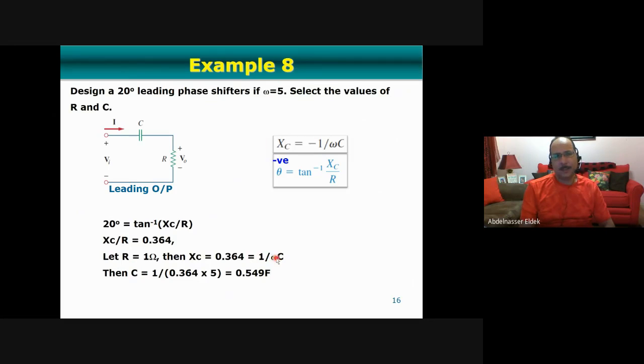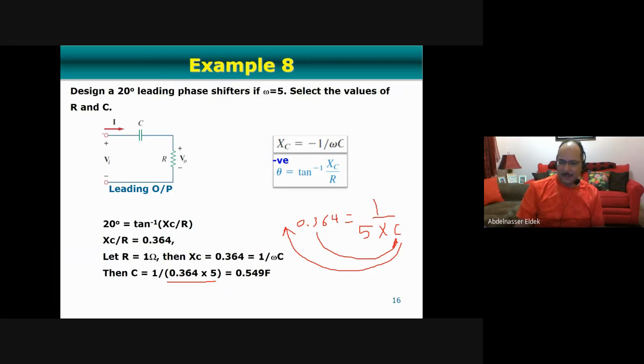Then you can calculate C very easily: 0.364 equals 1 over 5 times C. You move C to this side and move this to the other side, so C equals 1 over 5 times 0.364. It will be 0.549 farad. That's it.